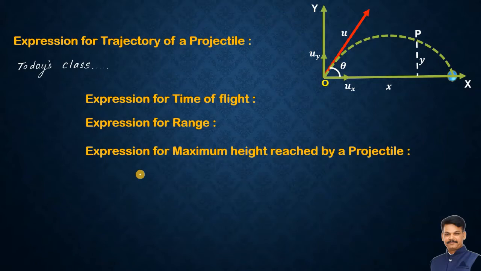Okay, so let us start with the second derivation related to projectile motion, that is deriving the expression for time of flight. Dear students, for all these derivations we have to consider the same diagram that we learnt in the previous video, for the oblique projection of a projectile.